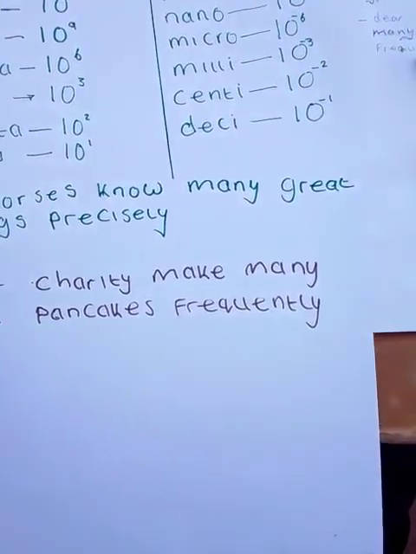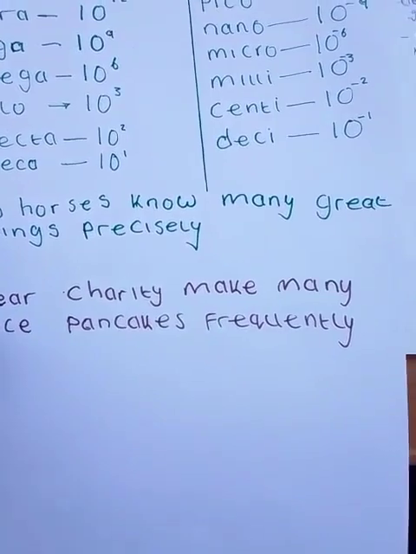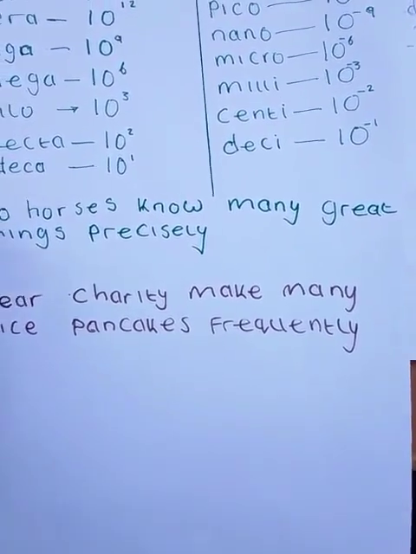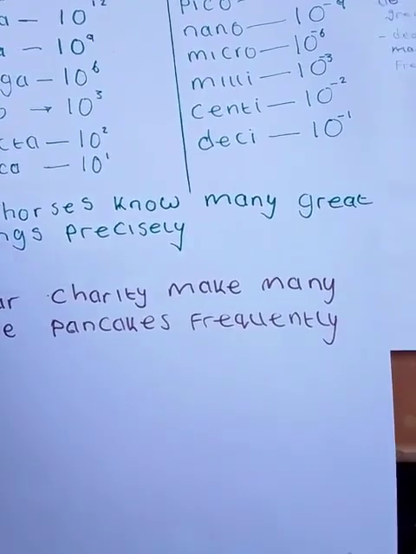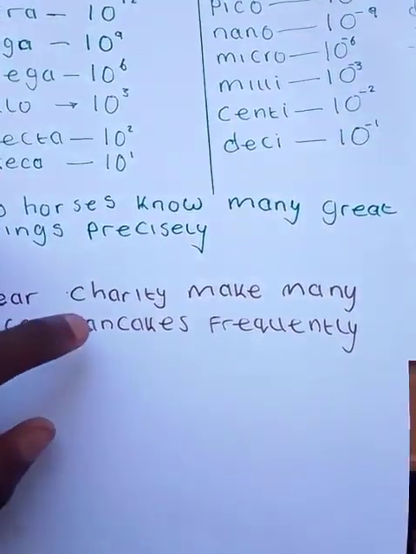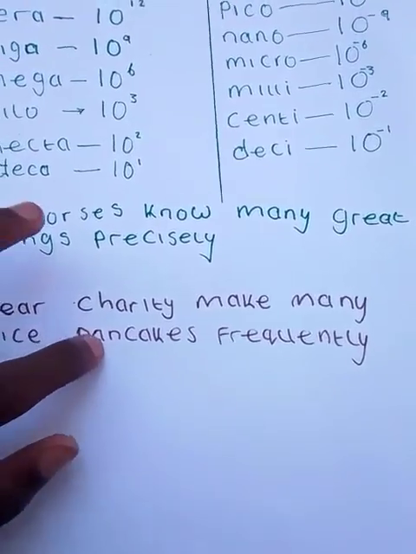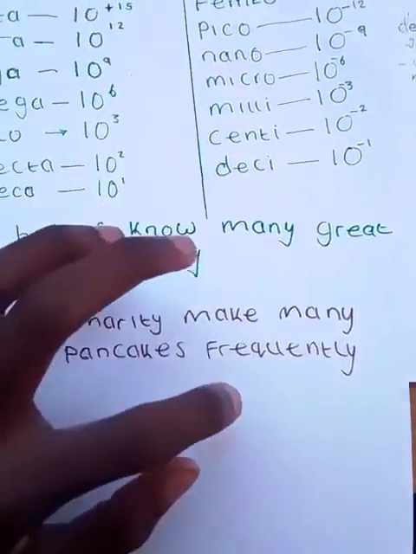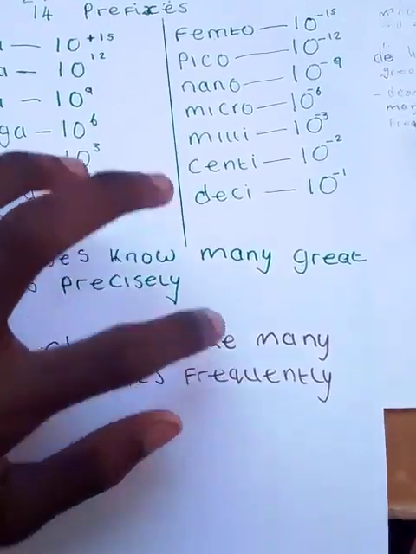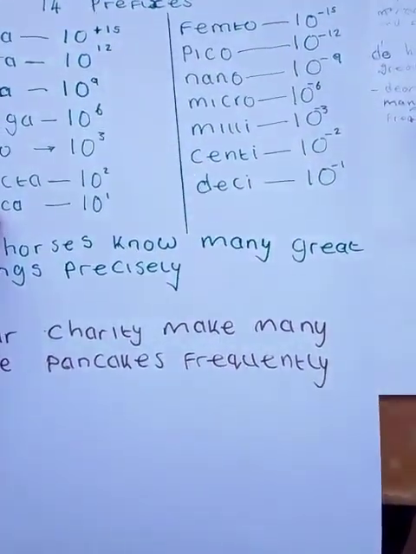Okay, and the letter N in the word nice represents nano. The letter P in the word pancakes represents pico. The letter F in the word frequently represents femto. You see how easy it is.